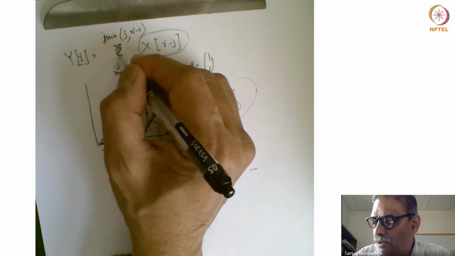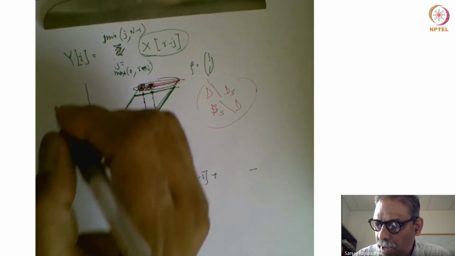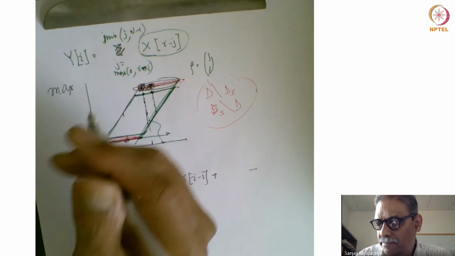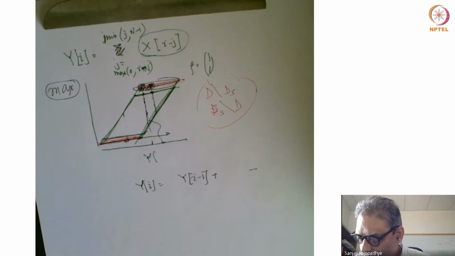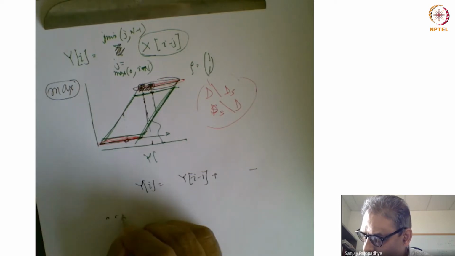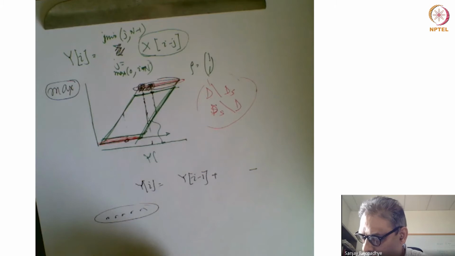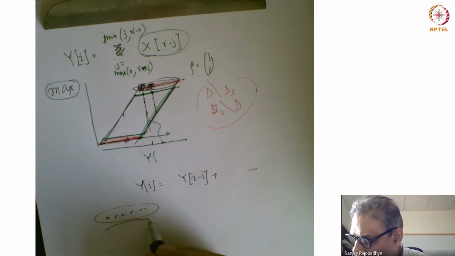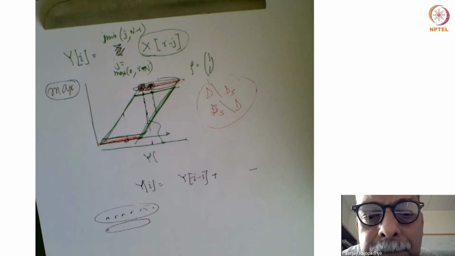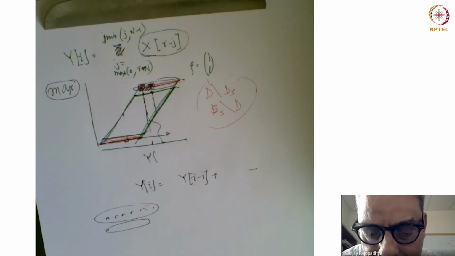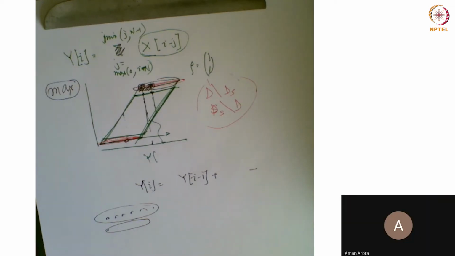Instead of sigma, instead of addition, I am computing max. So if I compute the max of all of these elements, and I ask you, what is the max of all but one element? Can you tell me? So if that one element is not the max, then the max stays the same.